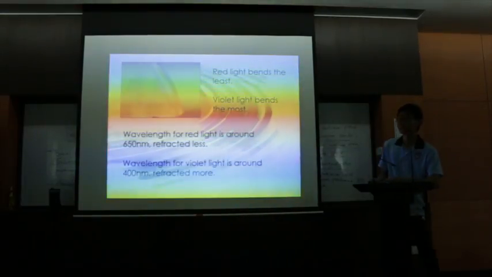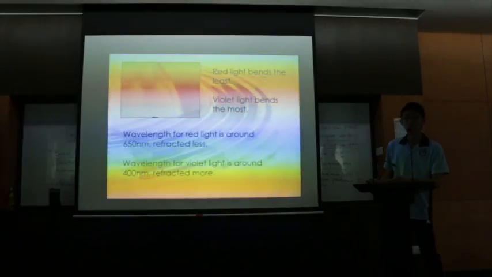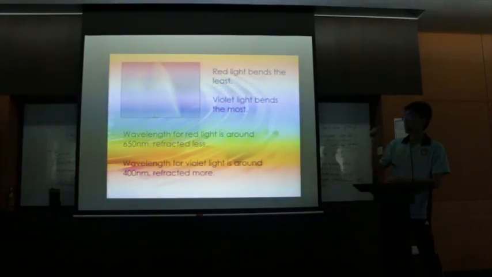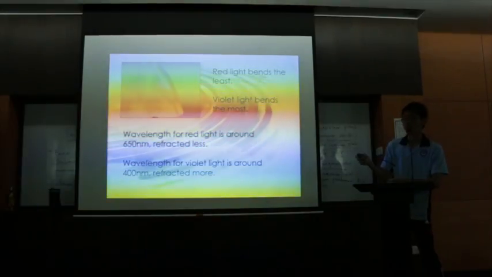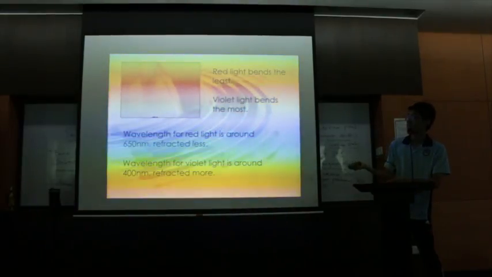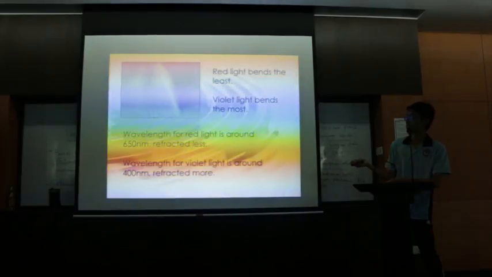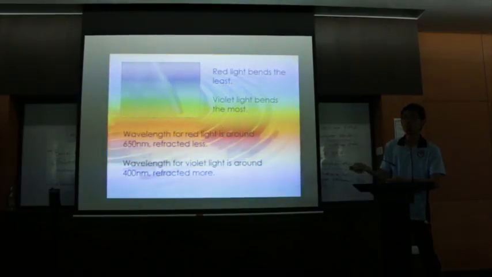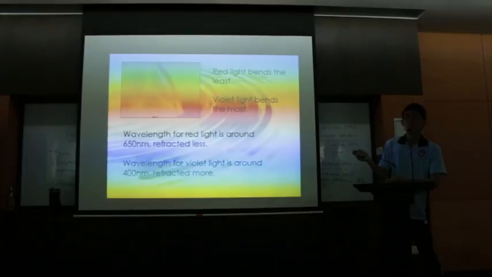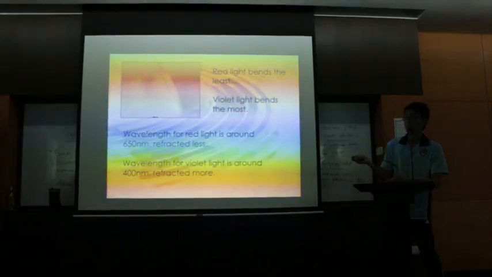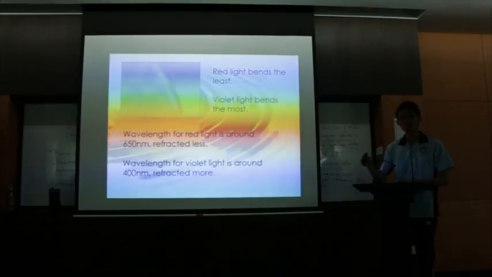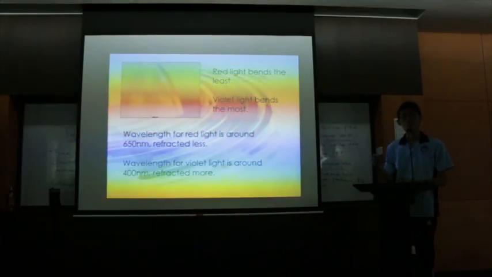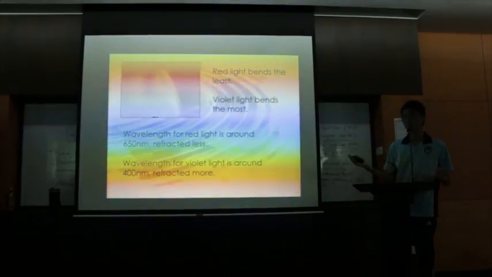This is because the wavelength of red light is larger than violet light. Red light is 650 nanometers, while violet light is only 400. That means that a larger wavelength will be refracted less, while a shorter wavelength will be refracted more.